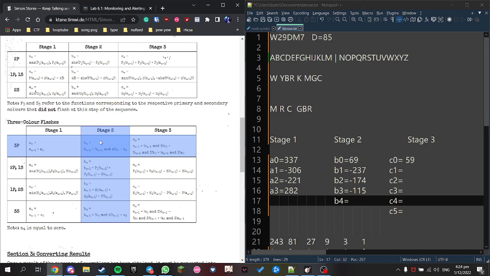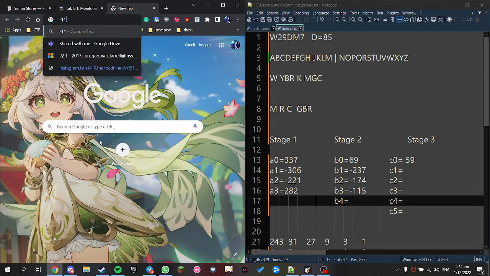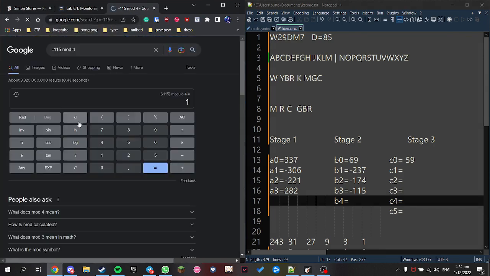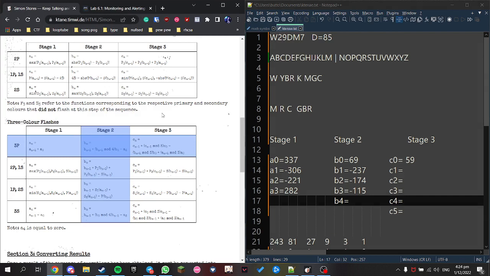Okay. So B and minus, so it's just negative 115. Okay, so it's negative 115 modulo 4. That's 1. So it's 1. Right? It's just modulo 4, right? Oh, then times b0, which is 69.